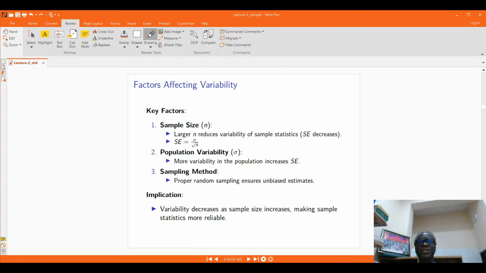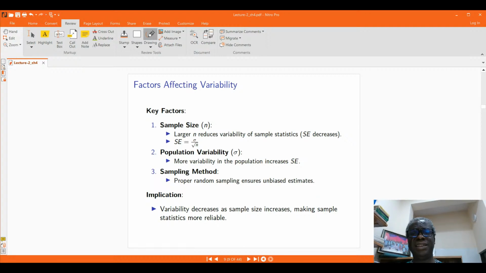So what are the factors that can affect variability? This is very, very important. One, the sample size can affect the variability.